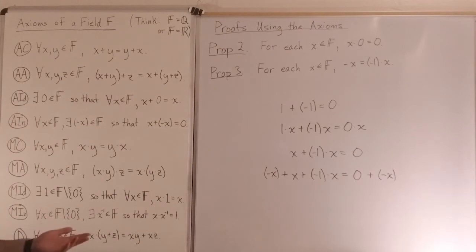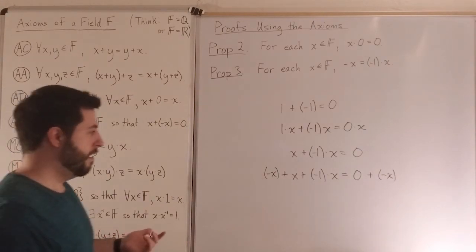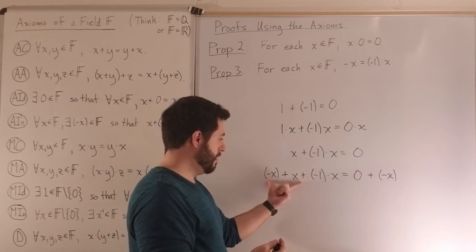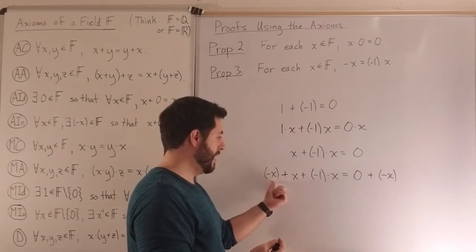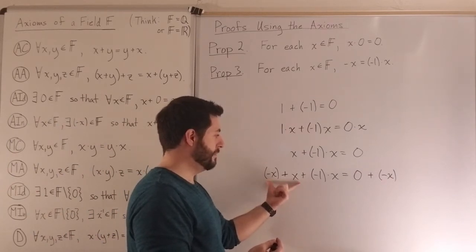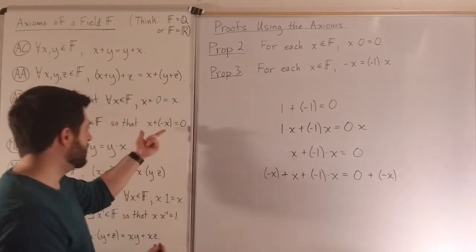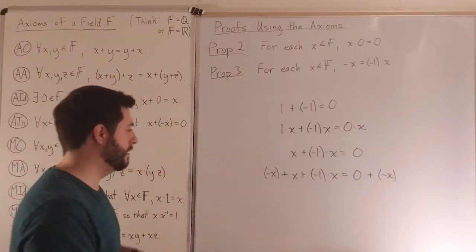Okay, so two nice things happen here. First thing is this right here, because there's an x on this side, adding the opposite of x to it is going to make that whole thing 0. X plus the opposite of x in whatever order you want is going to be 0.